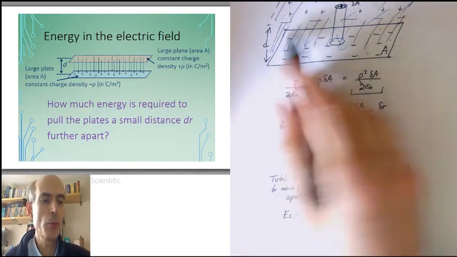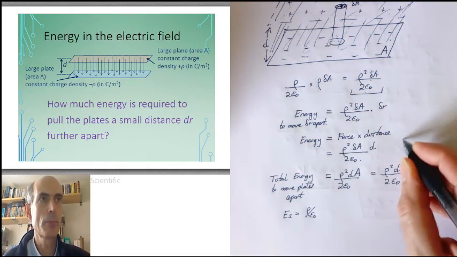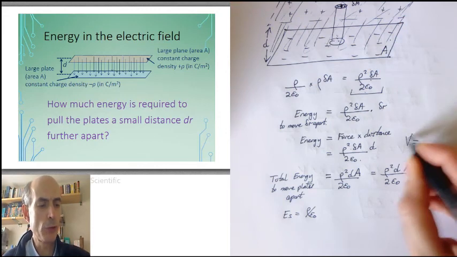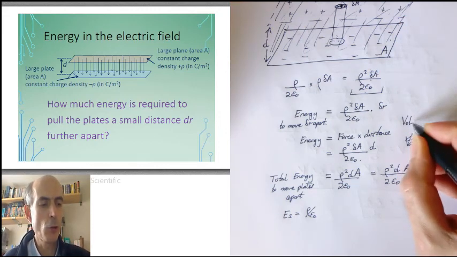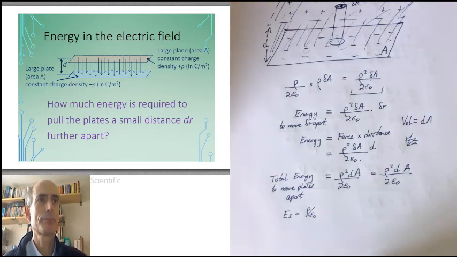That's the volume in which this electric field exists. I could call that V, volume. I've used V for voltage, that's confusing. I'll call it just vol for volume, is d times A.